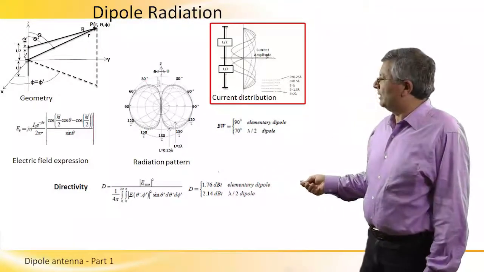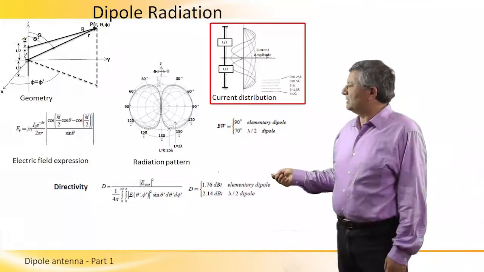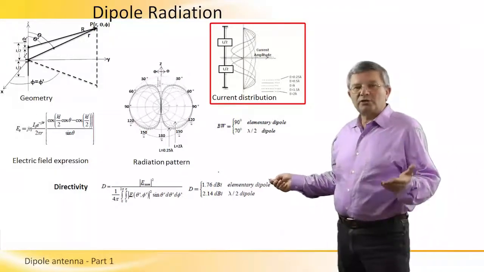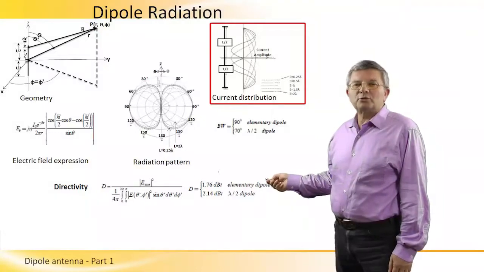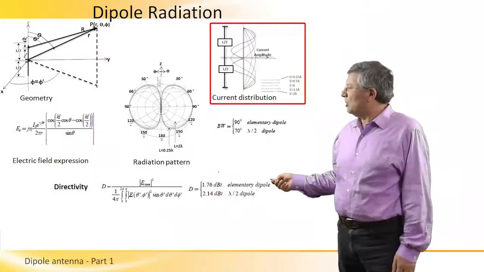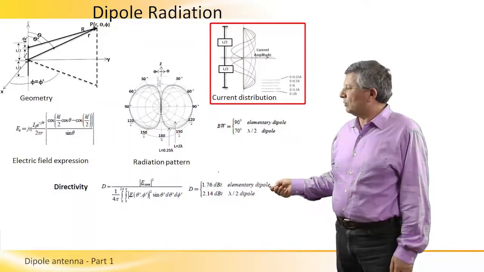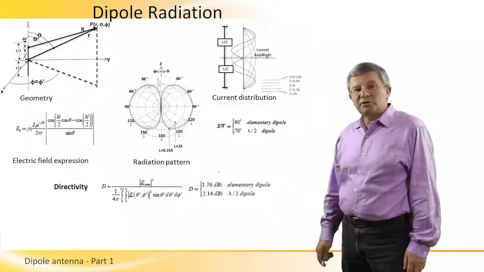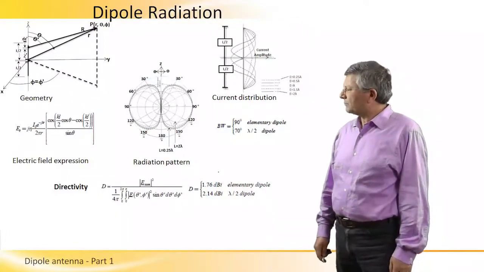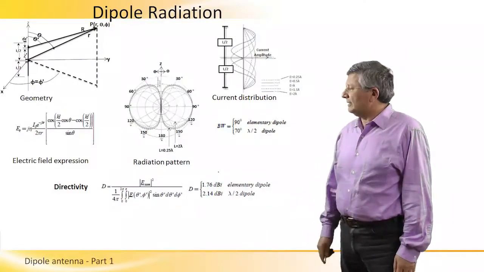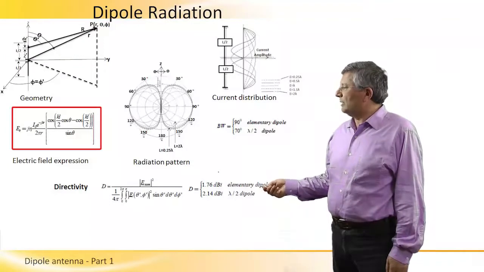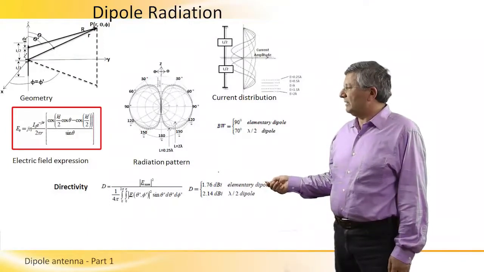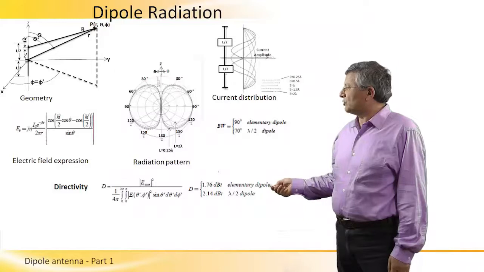If we substitute those current distributions into the equation, or we take the Fourier transform of all those current distributions as explained before, we get a closed form expression for the electric field. If we plot this closed form expression for the electric field, we get what is called the radiation pattern.